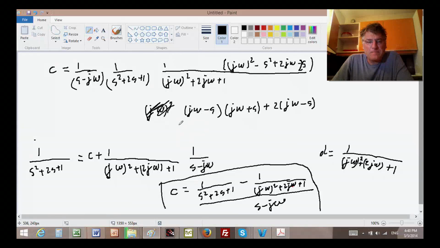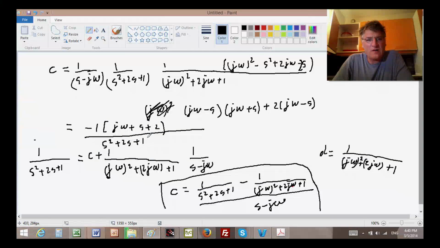So we see that we have an s minus j omega here, we have an s minus j omega there, so we can rewrite that c will be equal to minus 1, because there is a j omega minus s here and s minus j omega there, times j omega plus s plus 2, divided by s squared plus 2s plus 1 times j omega squared plus 2j omega plus 1.